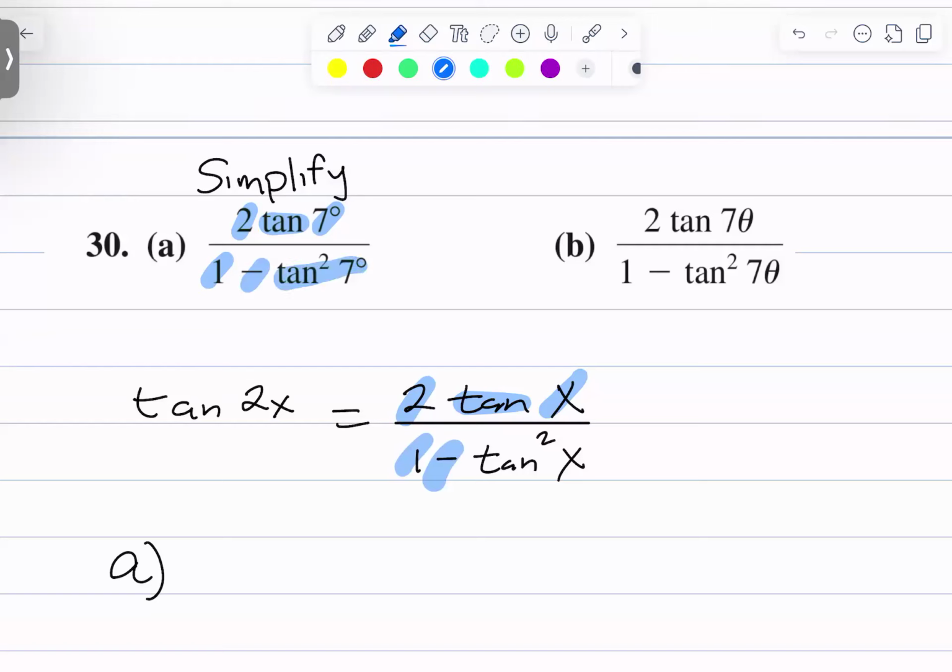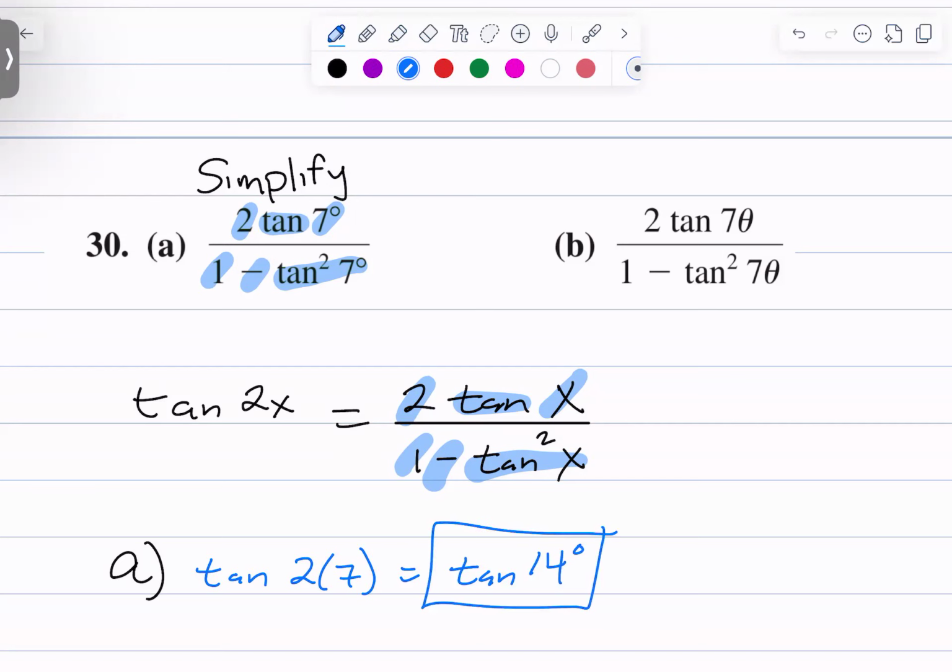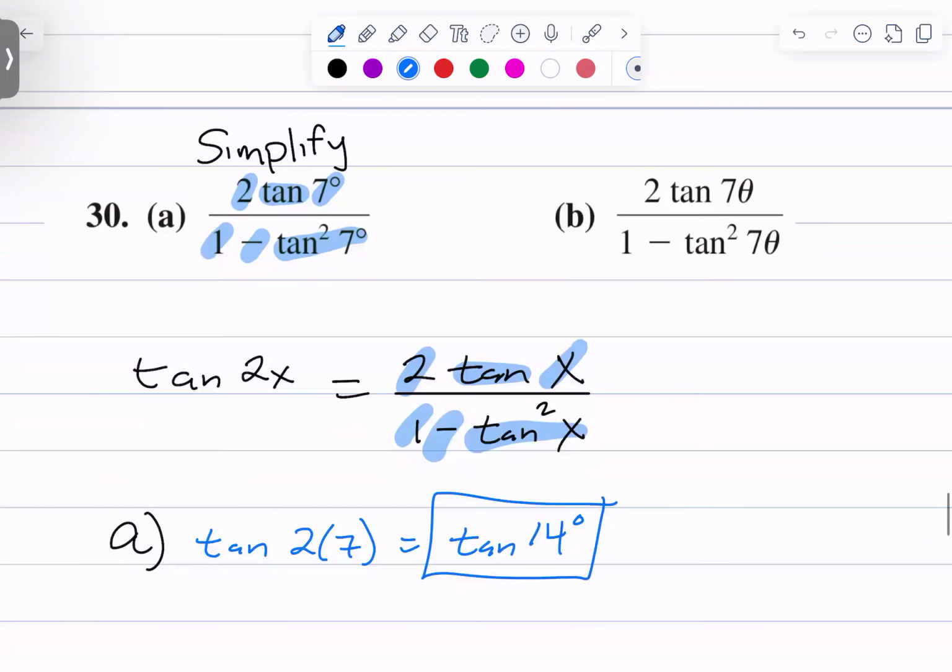Tangent squared of 7 is tangent squared of x. So I know my x value is 7. That would be the tangent of 2 times 7, which is the tangent of 14. That's it. Here we're just simplifying.